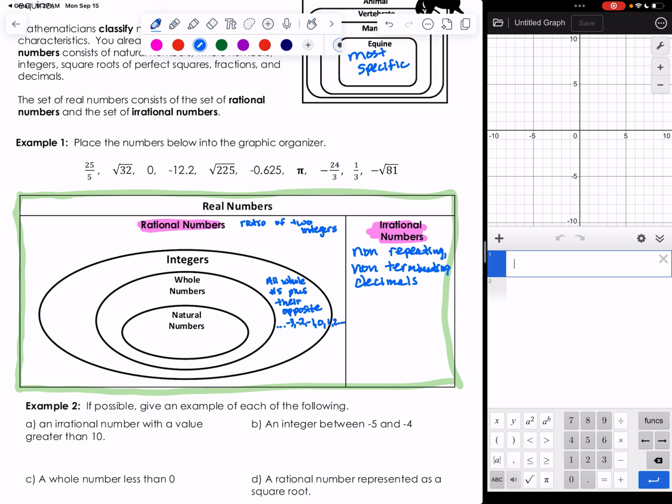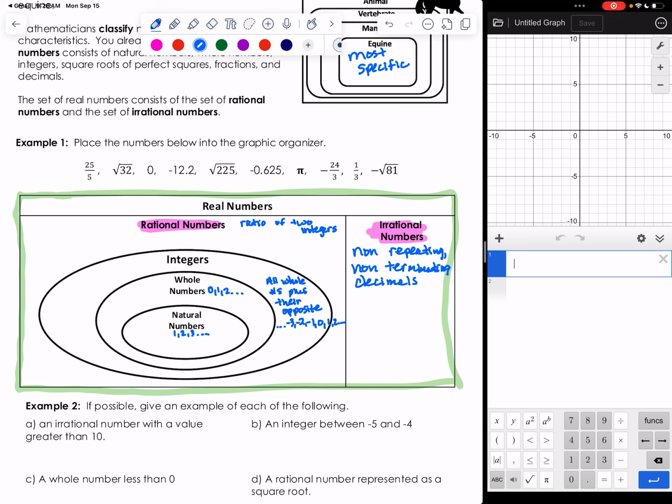Okay. Now, what are whole numbers? Whole numbers are the counting numbers beginning with 0. So 0, 1, 2. Natural numbers are just your counting numbers. So natural numbers start with 1, 2, 3. Okay.